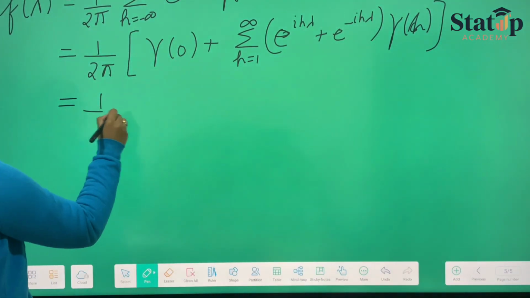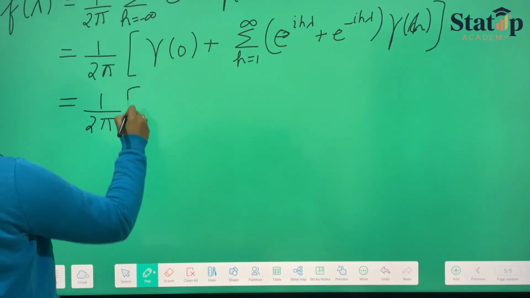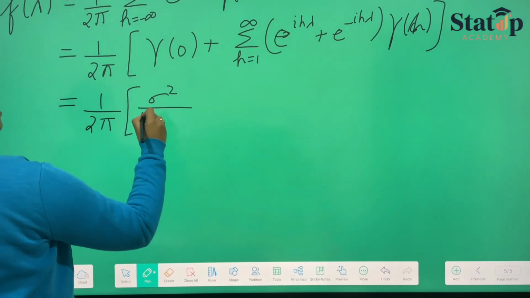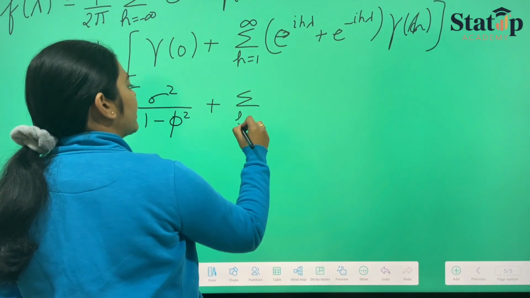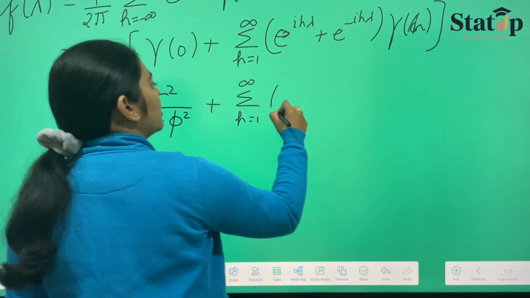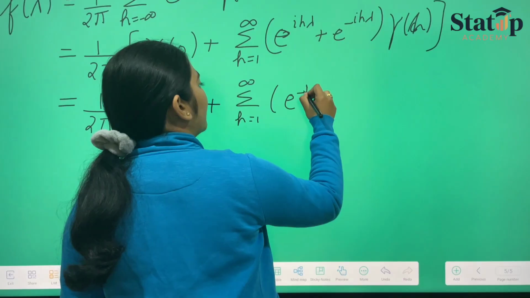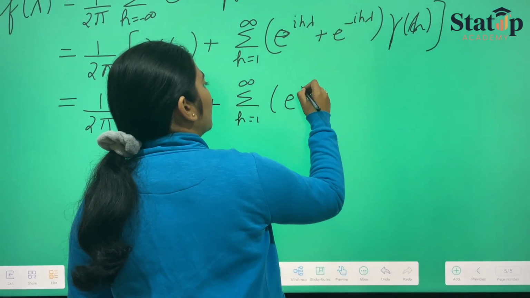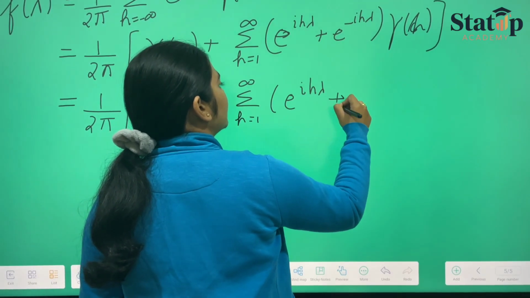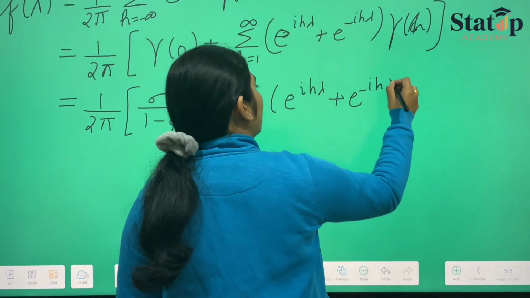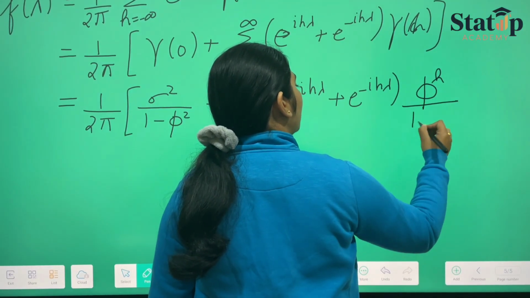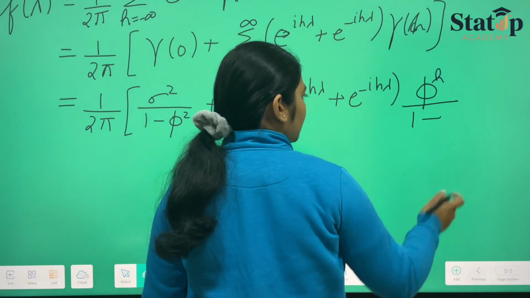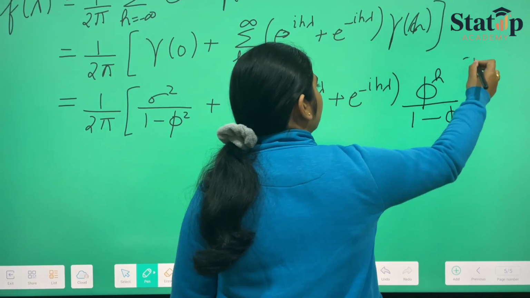We will be getting 1 by 2 pi, sigma square upon 1 minus phi square, plus summation h goes from 1 to infinity, e raised to the power i h lambda plus e raised to the power minus i h lambda, into phi raised to the power h upon 1 minus phi square.